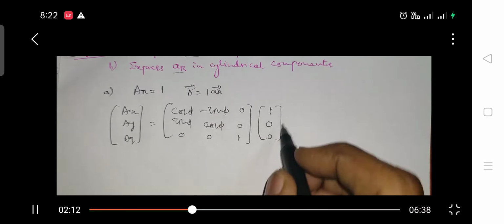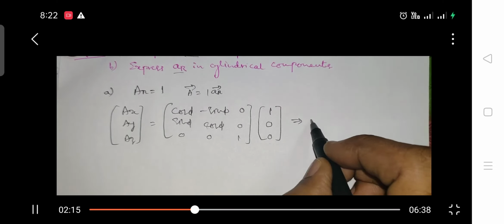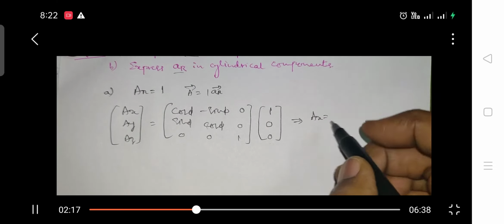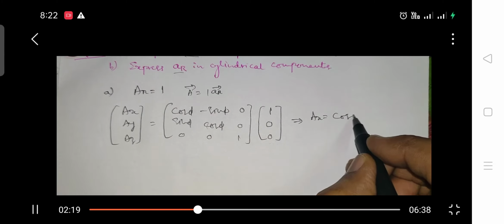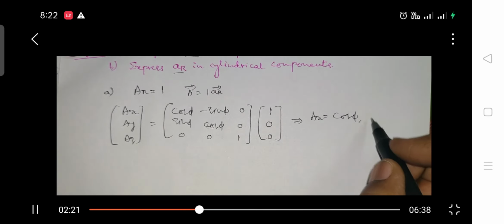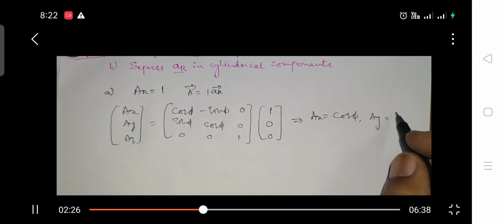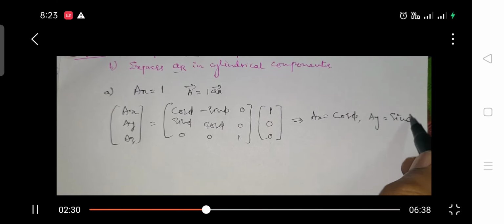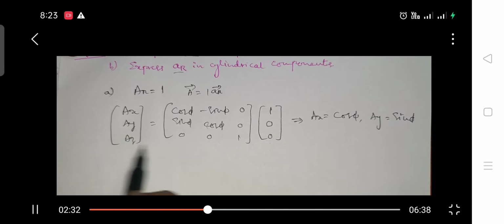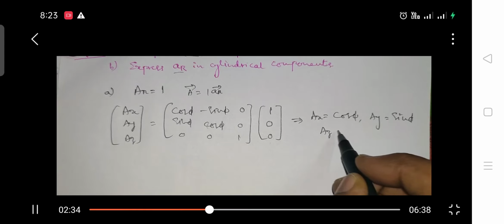And if you simplify this, we are going to have the magnitude of AX equal to cos phi. Just multiply, and you get the magnitude of AY equal to sin phi and the magnitude of AZ equal to 0.